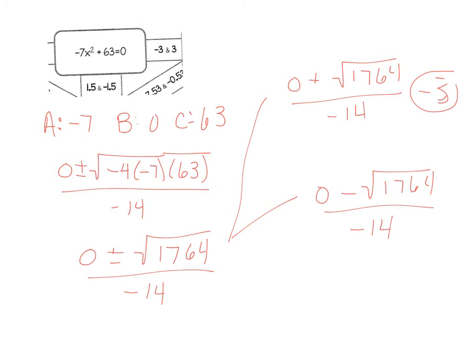And then I've got 0 minus the square root of 1764, which is going to be -42. -42 divided by -14 is going to be +3. -3, +3 is the answer for that one. So we're going to continue over to the right.